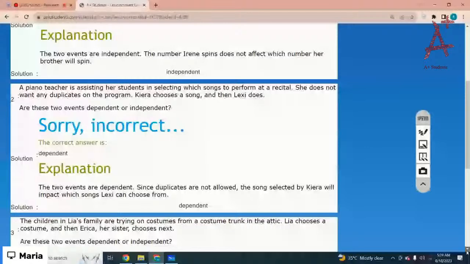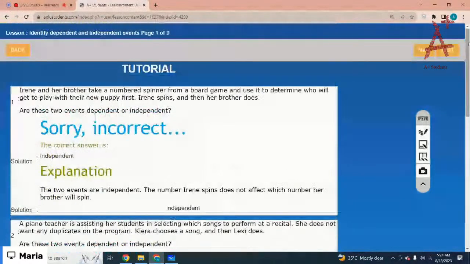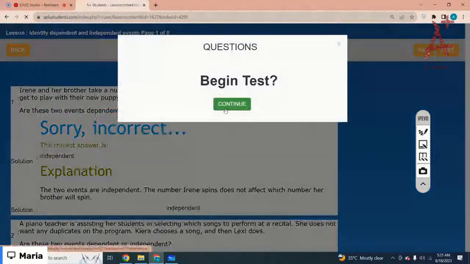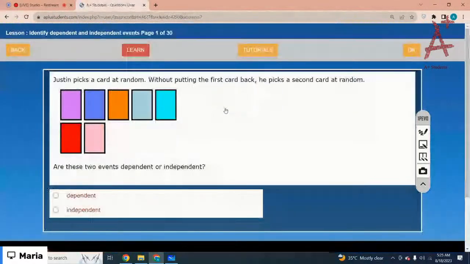Let's just start with the practice questions. Justin picks a card at random. Without putting the card back, he picks a second card at random. Are these two events dependent or independent? Okay, for the first time, he has 1, 2, 3, 4, 5, 6, 7 cards, right? He has 7 options to choose from.